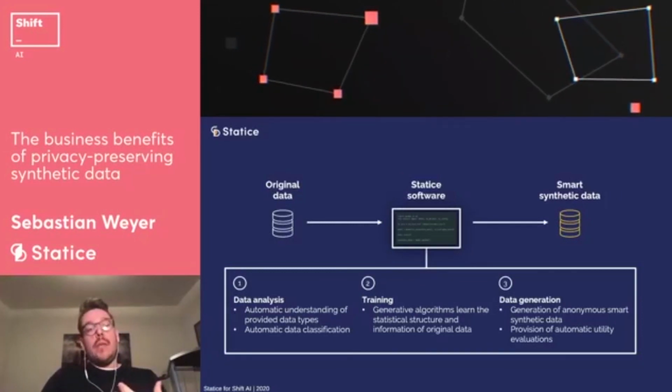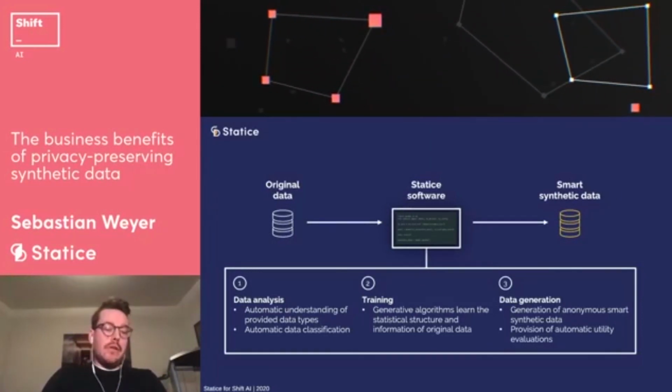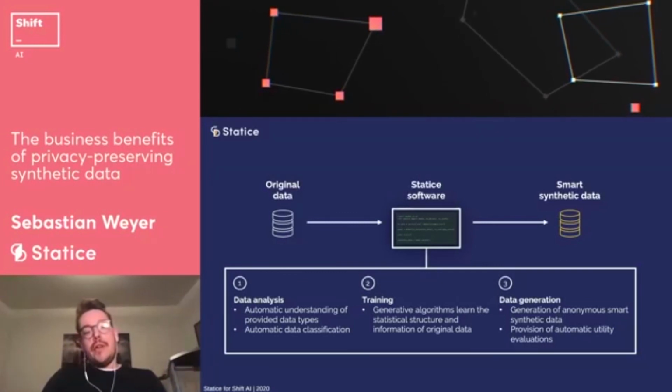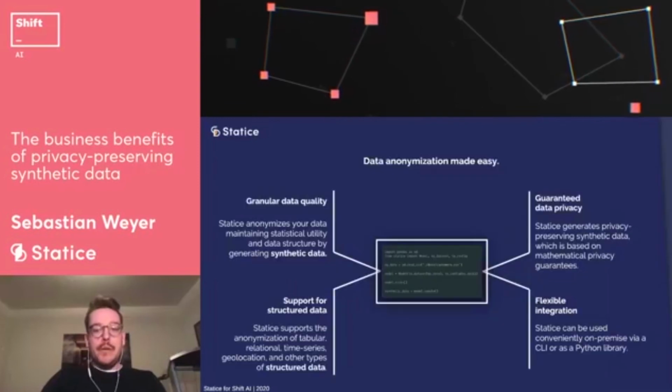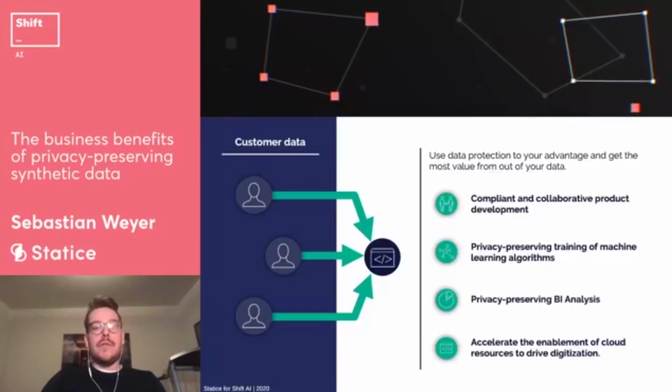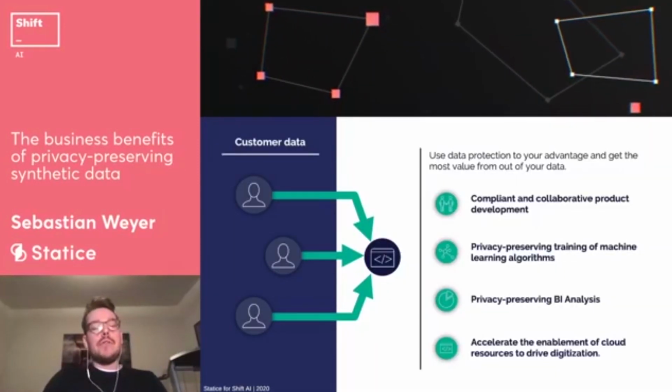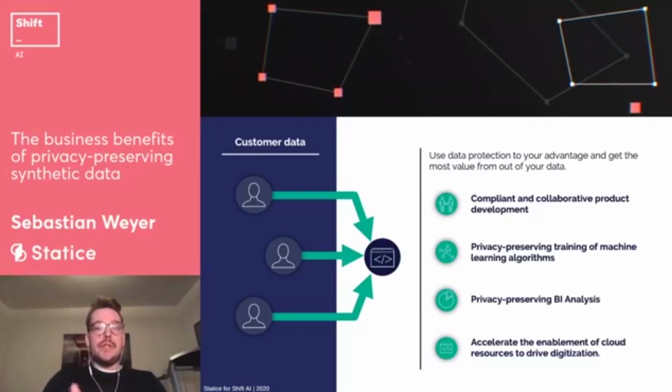Now, this allows us to provide a method of anonymization that combines the concepts of privacy and utility at the same time. I'm going to skip these parts because that's not entirely relevant right now. But what is exciting are the use cases that are possible on such privacy-preserving synthetic data.